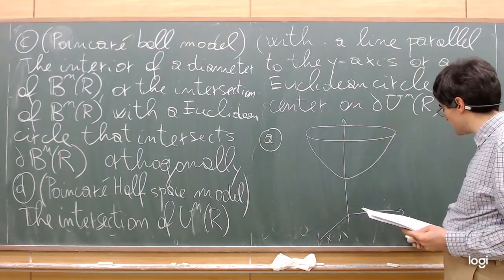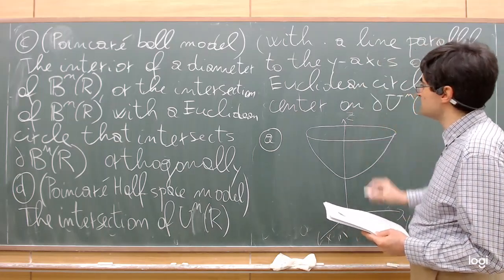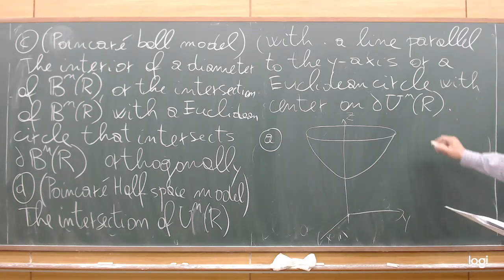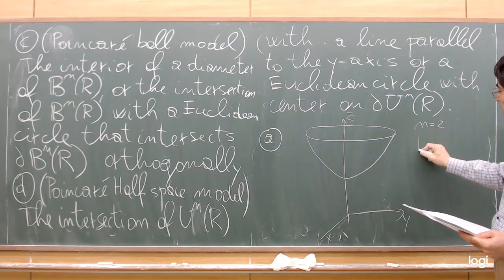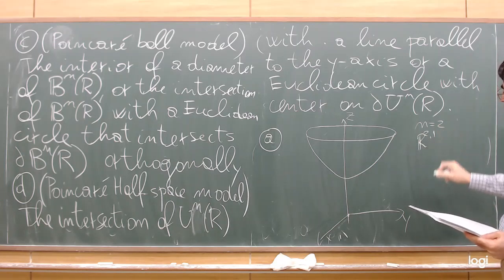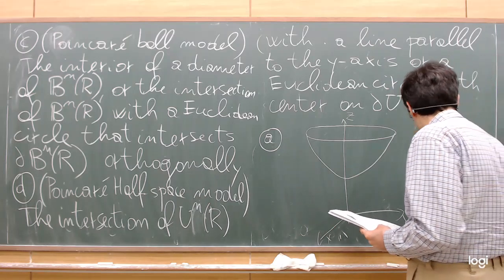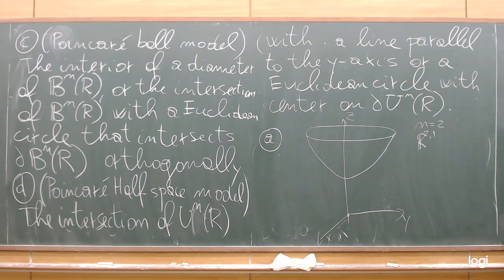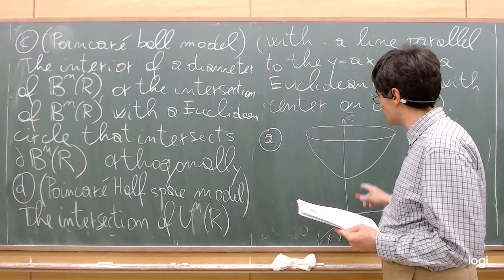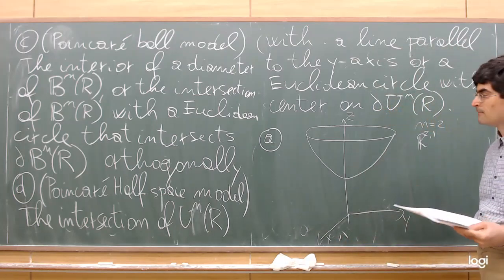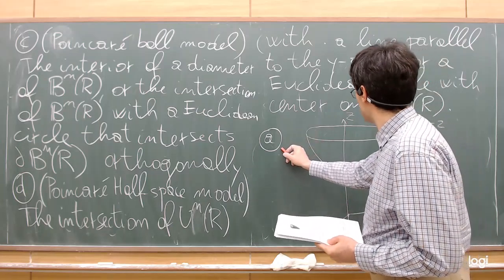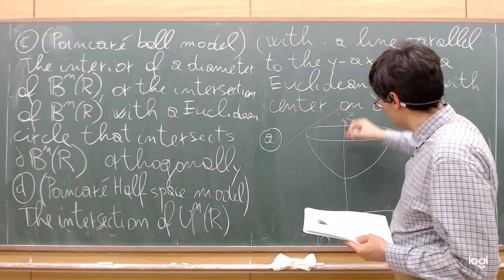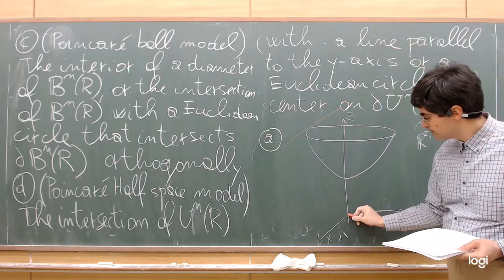Of course, here I am considering the case n equal 2, so I'm working in R 2,1, and you consider the intersection of this hyperboloid with a plane passing through the origin.